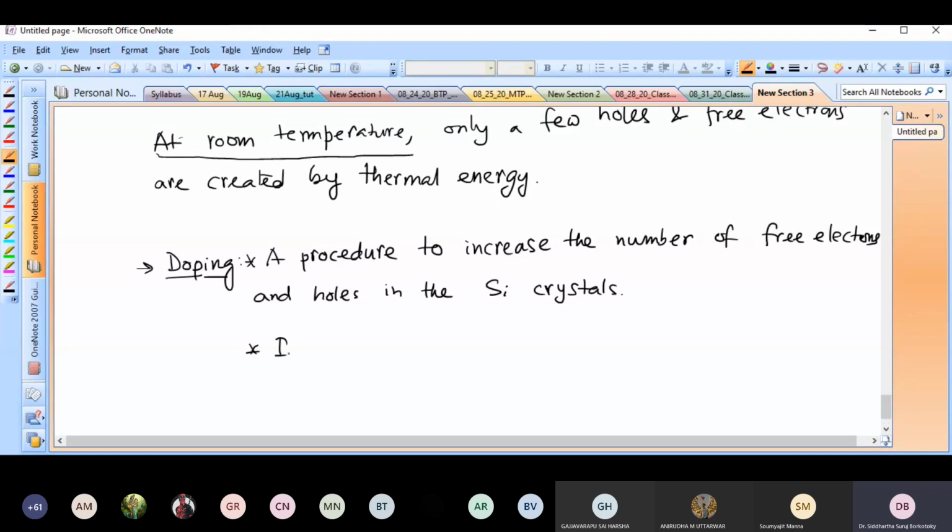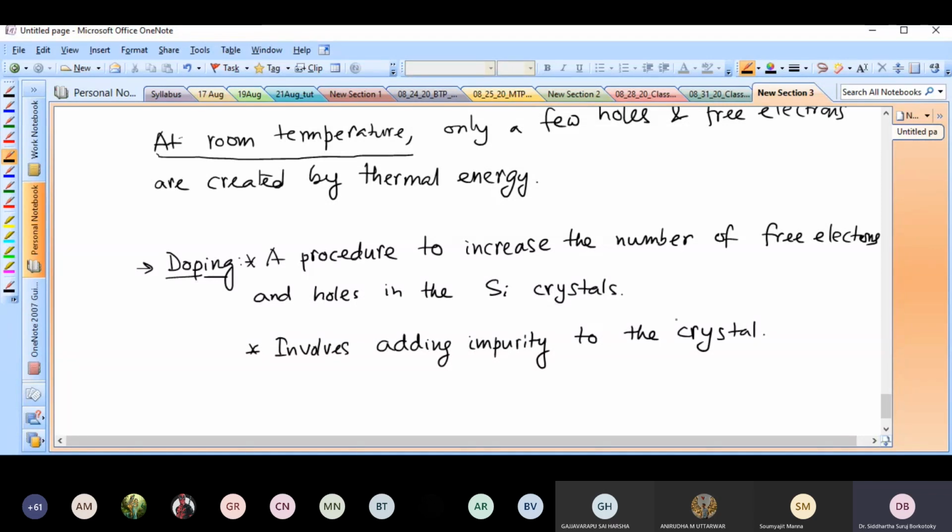Doping involves adding impurity to the crystal. As we will see, these impurities could be boron, aluminium, or phosphorus.